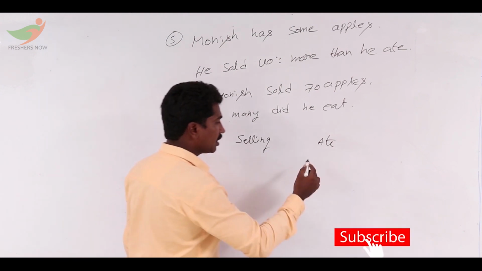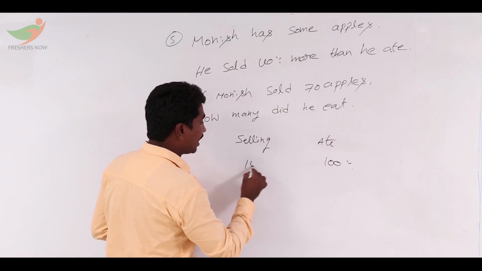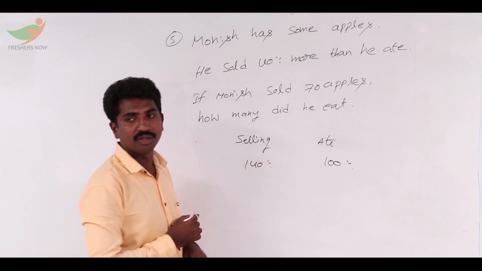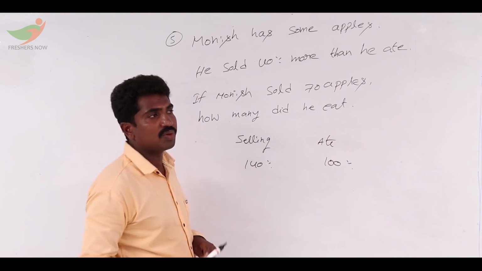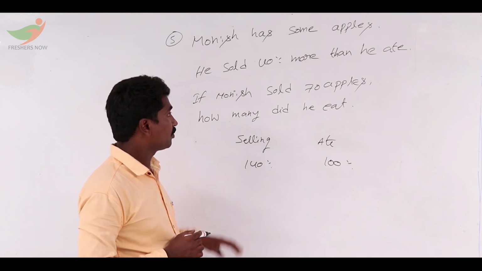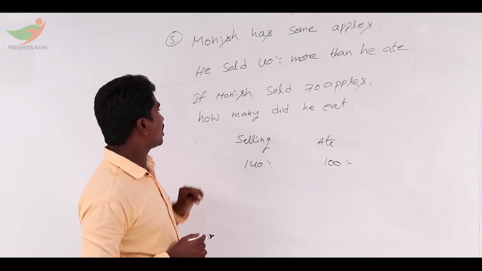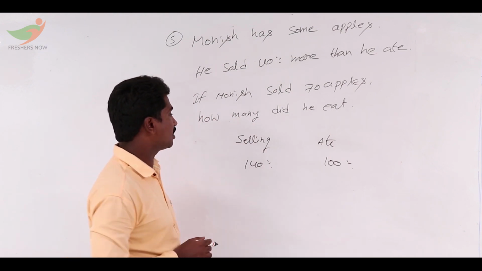So I am taking what he ate as 100%. Selling 40% more, 140% here I am taking. 40% less, 100 minus 40, 60. 20% more, 120%. 30% less, 100 minus 30, 70, like that. Now he is asking, if Monish sold 70 apples, how many did he eat?